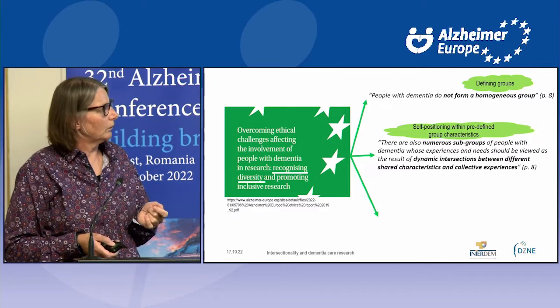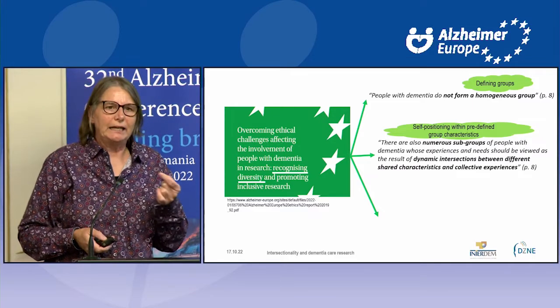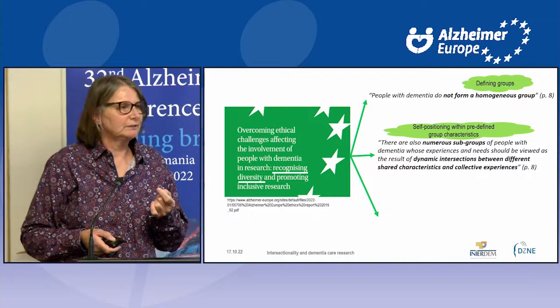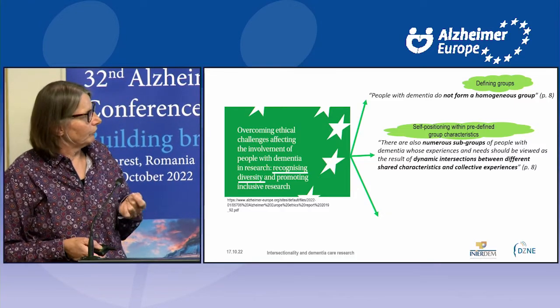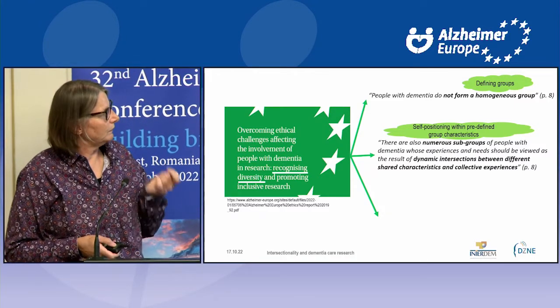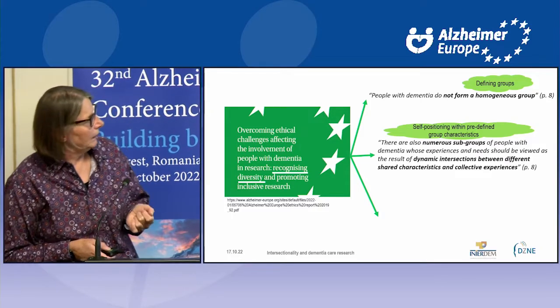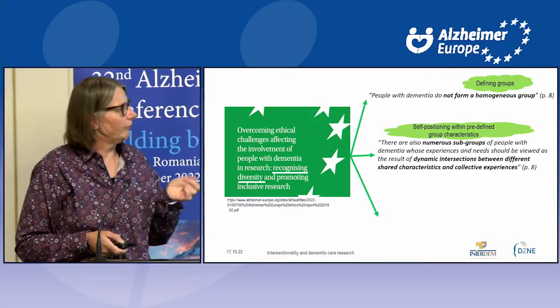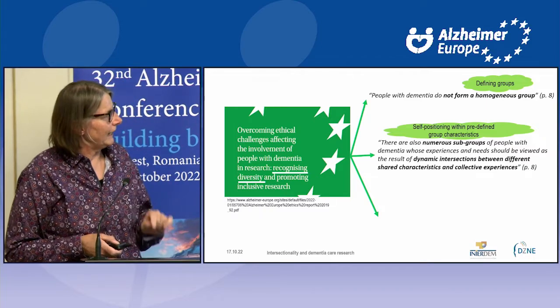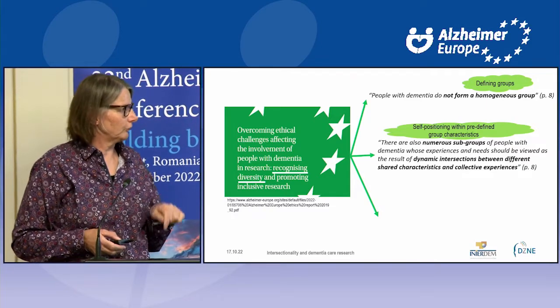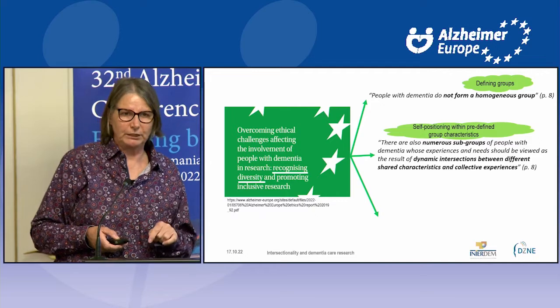And I think this is what intersectionality can provide. Then there are also, and it still stays with that homogeneous kind of understanding, numerous subgroups of people with dementia whose experiences and needs should be viewed as results of a dynamic intersection between different shared characteristics and collective experiences.